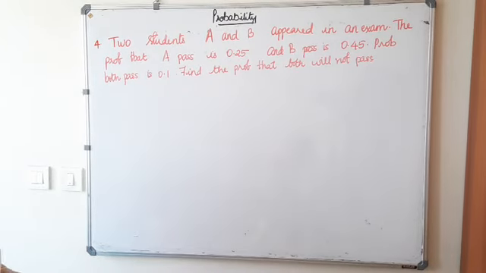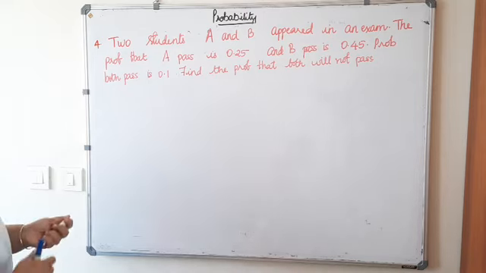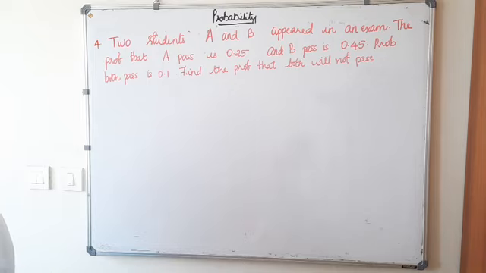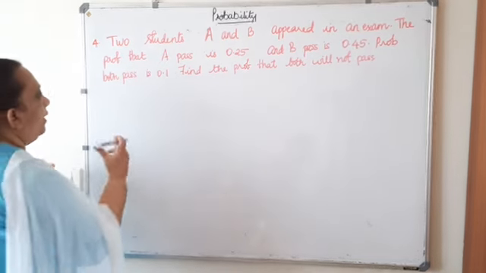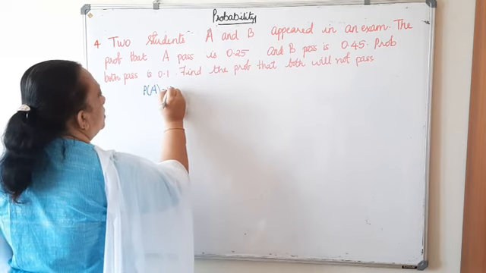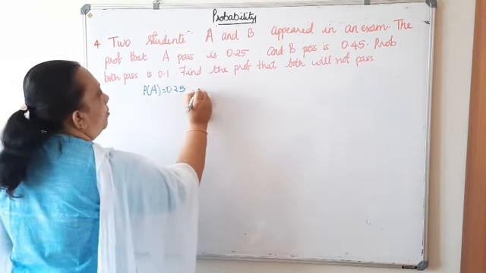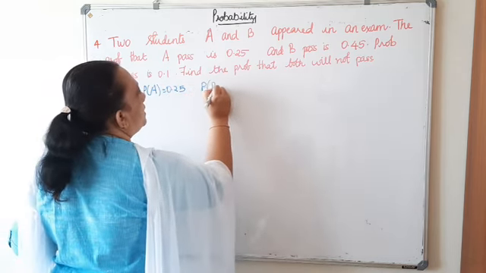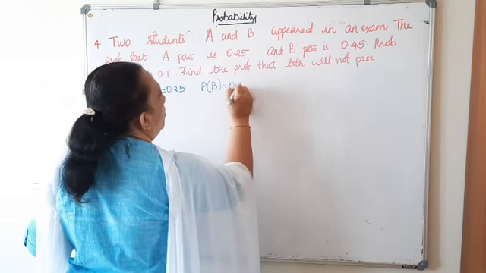There are two questions. So what is the question? Two students A and B appeared in an exam. The probability that A passes is 0.25 and B passes 0.45. Probability both pass is 0.1. So probability of A passing the examination is 0.25. Probability of B passing the examination is 0.45.